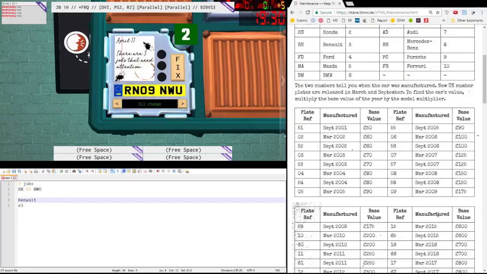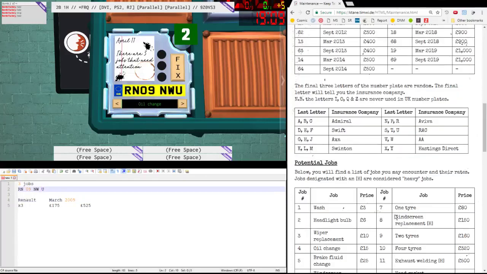Next, the 2 digits, 09 tells us March of 2009. That's going to give us 175 pounds, which we multiply that together to get a total value of the car of 525 pounds. And the last character, that U, tells us we are looking at RAC again for the insurance.